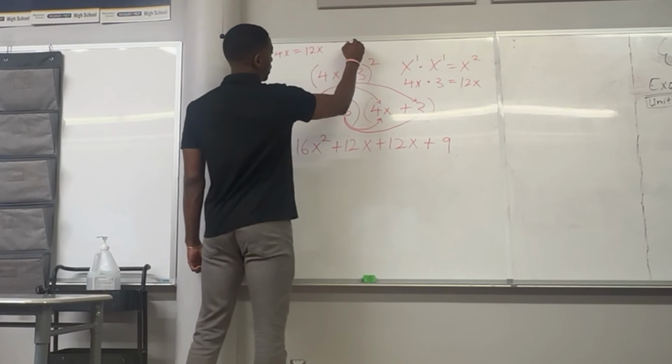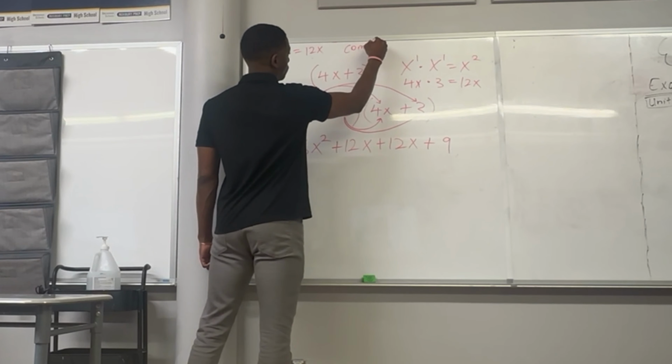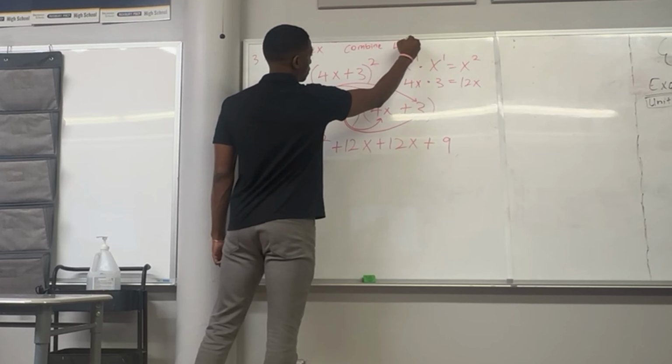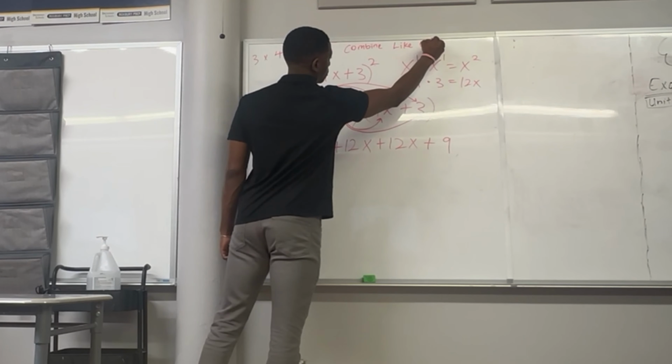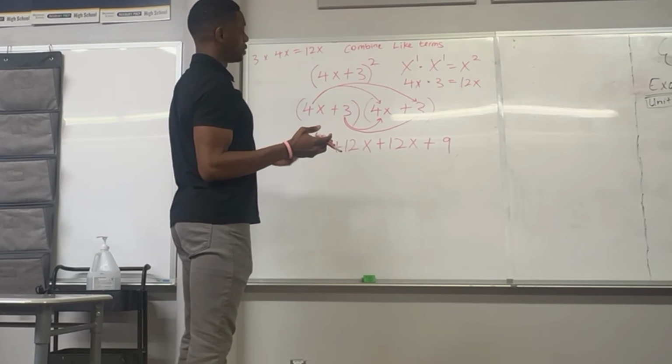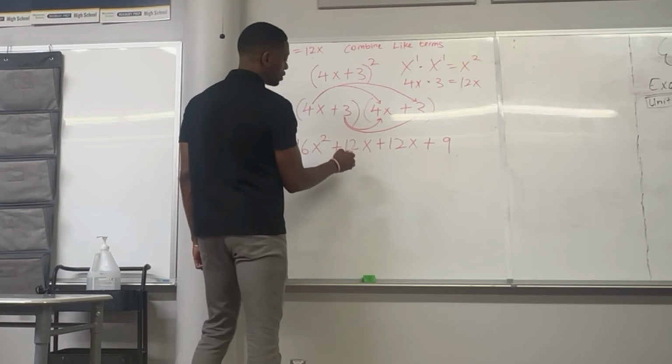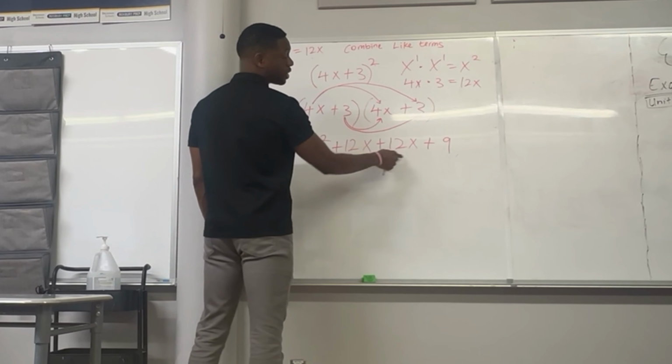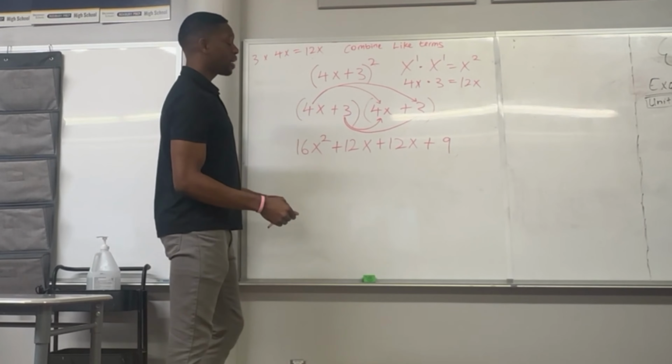Combine like terms. Meaning, add the numbers that look the same, right? And they look the same because they have x. But let me ask you a question though. Why can't I combine this one?